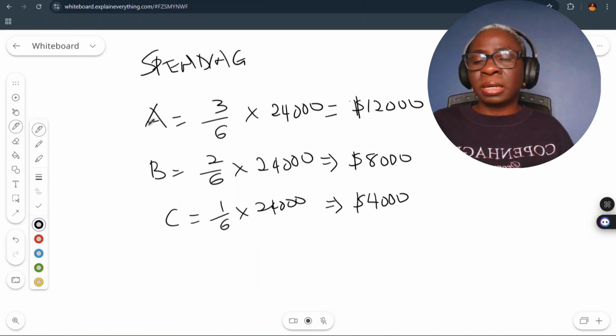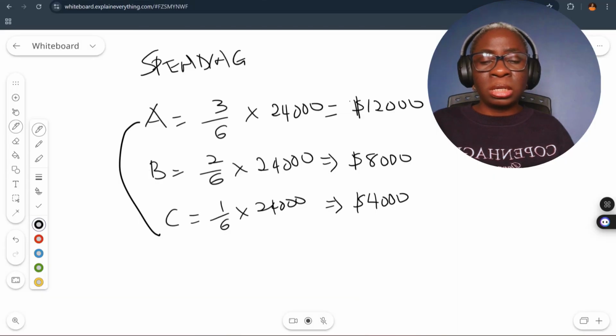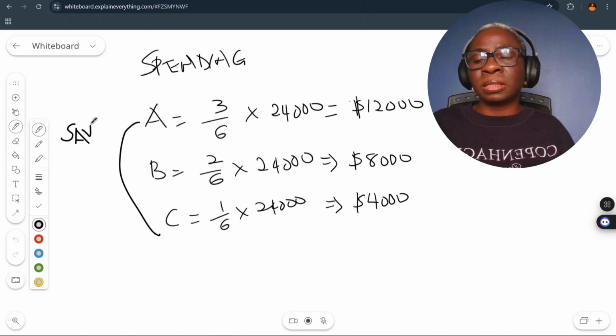These three that we just calculated are the savings, because if you read the question again, it says they save in the ratio. So these are their savings, not spendings. Now we have to calculate their spendings.